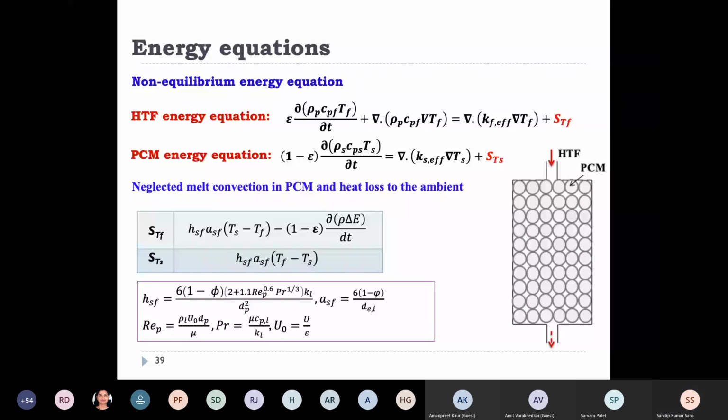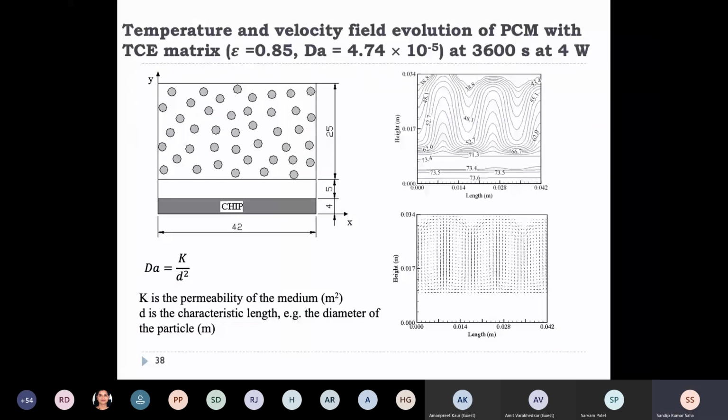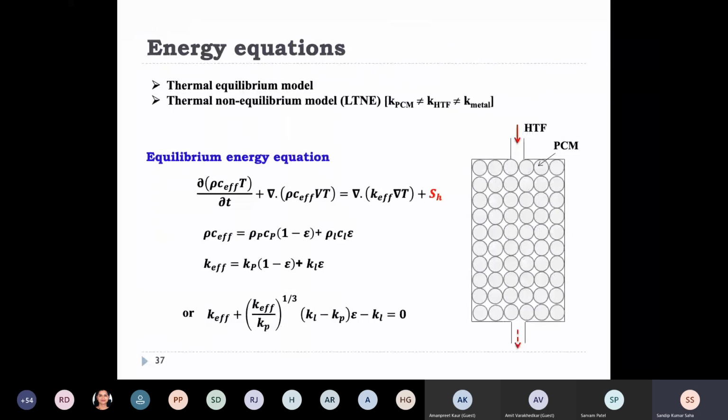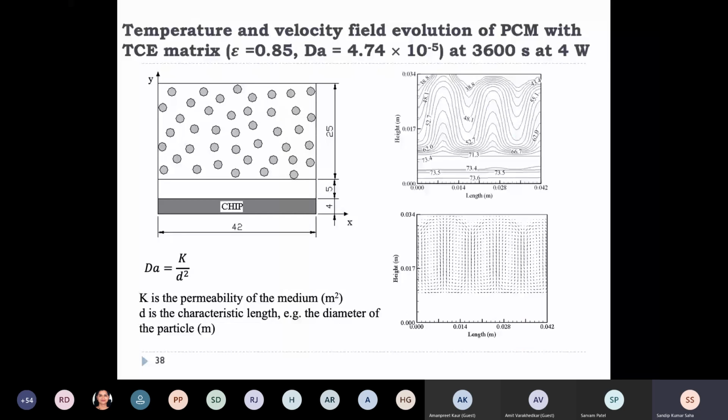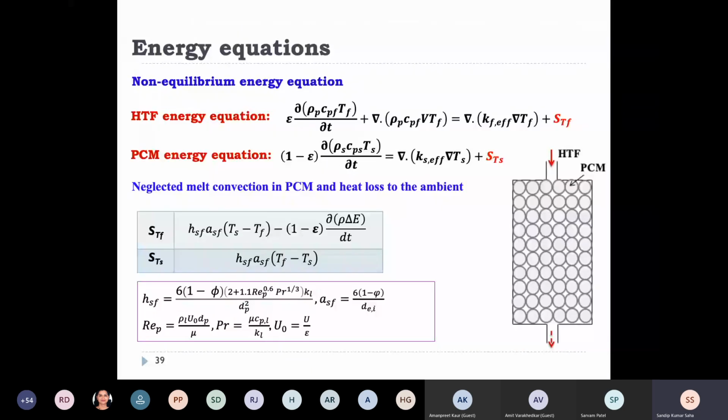First of all, where do you use the equilibrium model and where the non-equilibrium model? I told you in the beginning, the assumption is that local thermodynamic equilibrium exists. Here, no local thermodynamic equilibrium exists. Why?